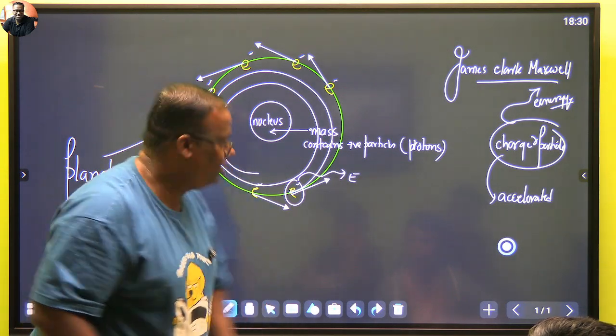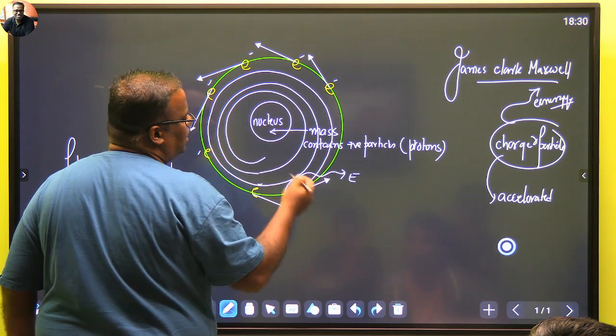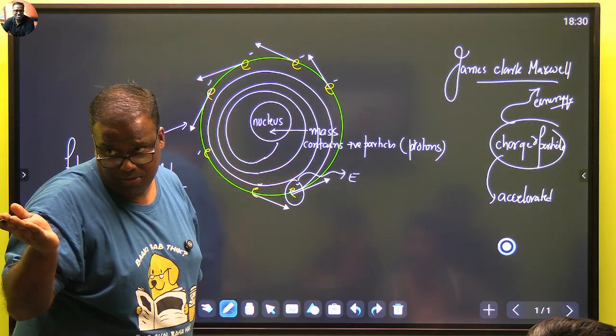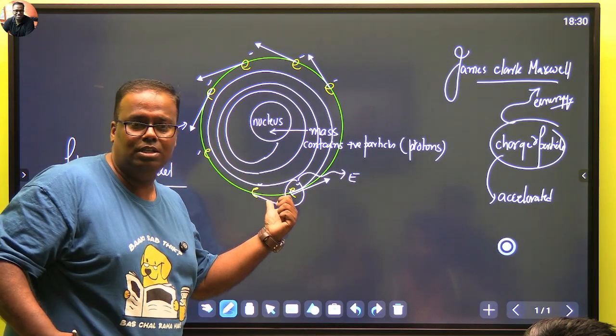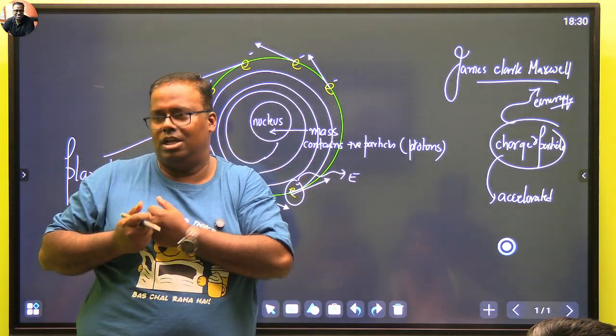It is losing blood. So it should actually go. And once you lose energy, you're on a spiral path. The nucleus, you only said it is positive, and this is a negative entity. So the nucleus should pull it, and the atom should collapse.